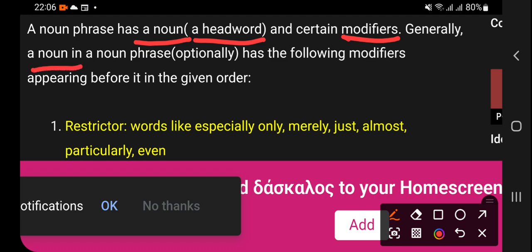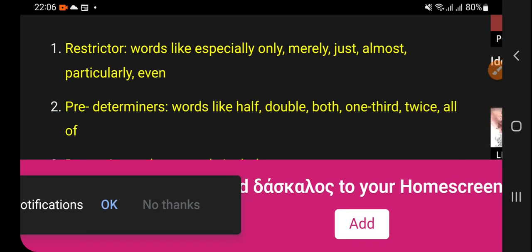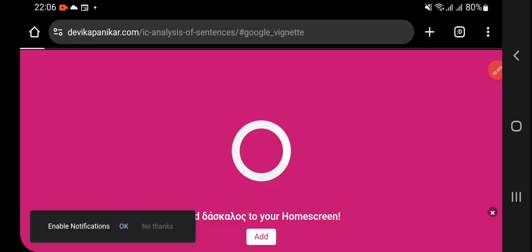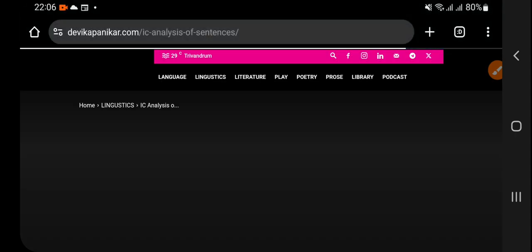Generally, in a noun phrase the following modifiers are there. What are they? First, the restrictors, words like especially, only.